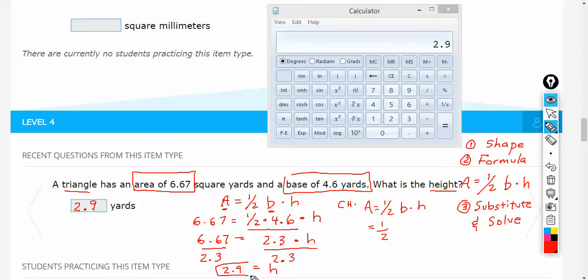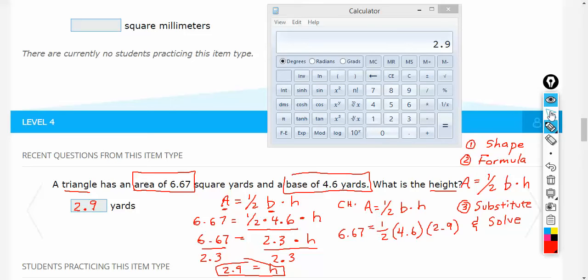So we said that the height was 2.9. Now we said our base was 4.6 and we said that our height was 2.9. And when we multiply all of this out, it should equal 6.67.